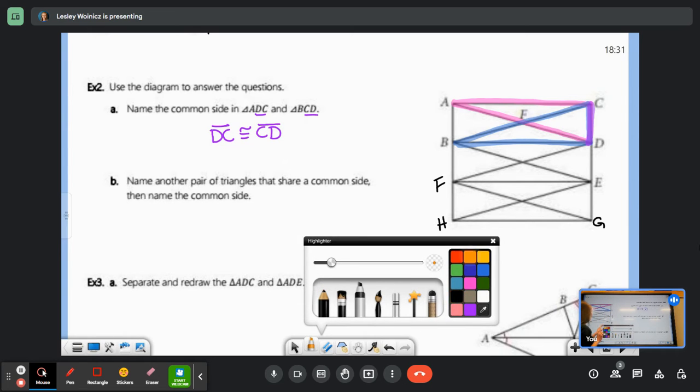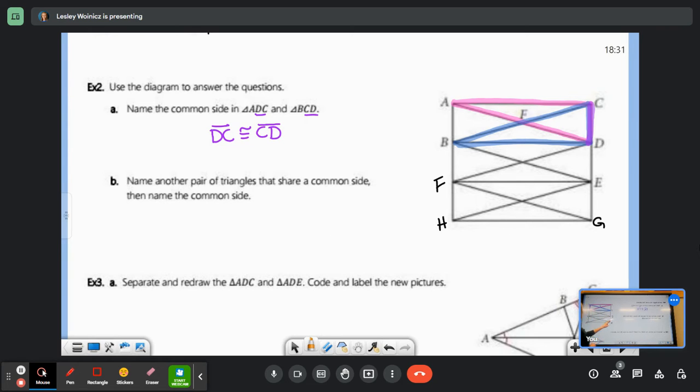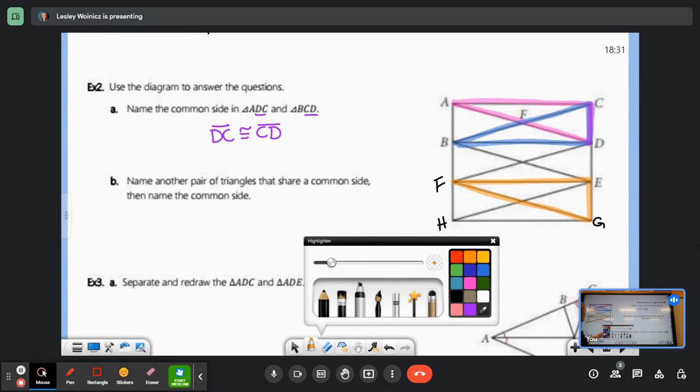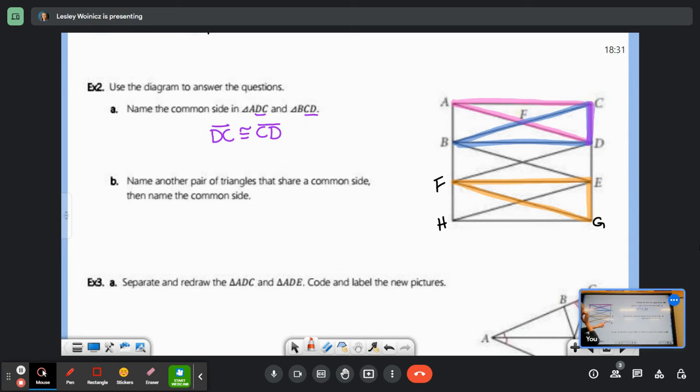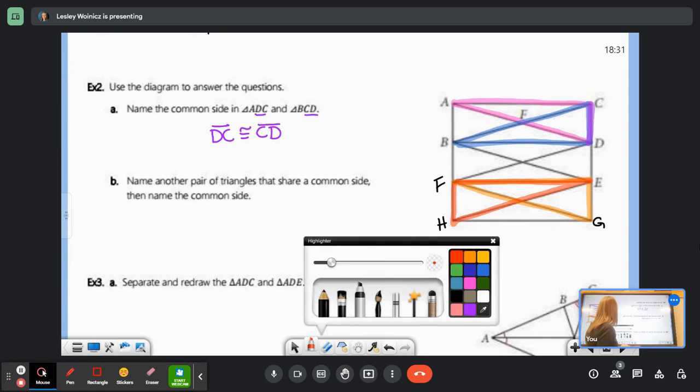I could say this triangle, and let's say, oh, my brain, this one. There are so many that we could have picked. Those are just two that are jumping out at me, and they don't share exactly the same kind of side as the other two, so I like this pair.